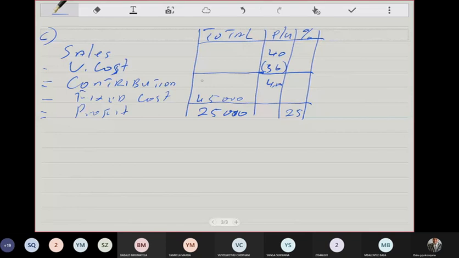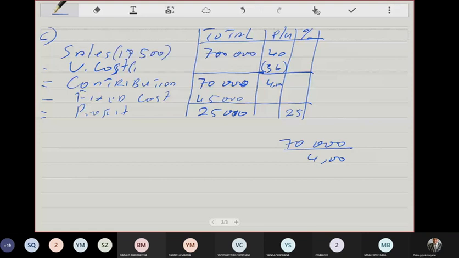So we say then let our sales units be 17,500 in order for us to get to that profit of 25,000. Let's prove that. Multiply that 17,500 by 40. Then it gives us 700,000. Go to your variable cost. 17,500. Remember, the owner said here he does not have any intention to keep the closing inventory.